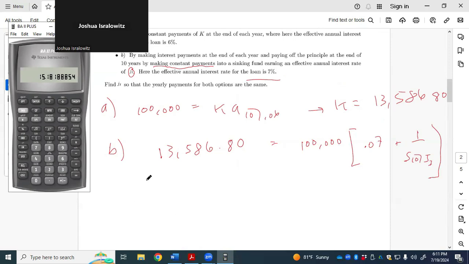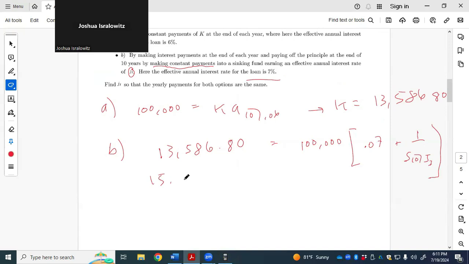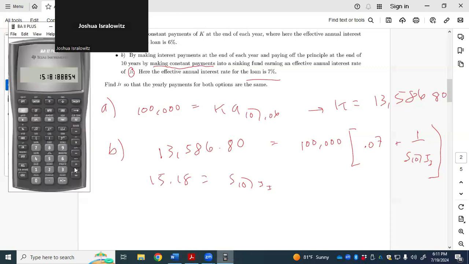All right, so 15.18 is S10. And this makes sense. S10 is going to be between 10 and 20 because it's the accumulated value of $1 payments at a reasonable interest rate. So at least this makes sense.